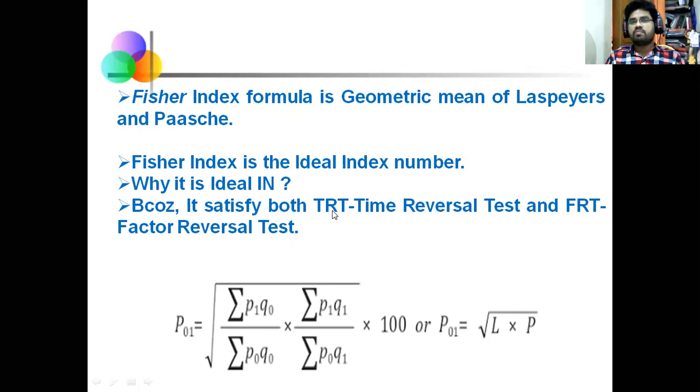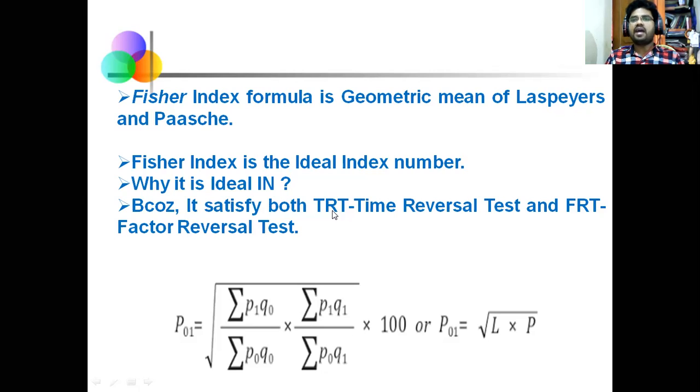Okay. So please remember that the Fisher index is the geometric mean of Laspeyres and Paasche. The Fisher index is the ideal index number. This is a very important question which will come in all the examinations on index numbers. If you take PG entrance, MPhil entrance, PhD entrance, or other competitive exams like NET or SET, they will ask which index number is an ideal index number.